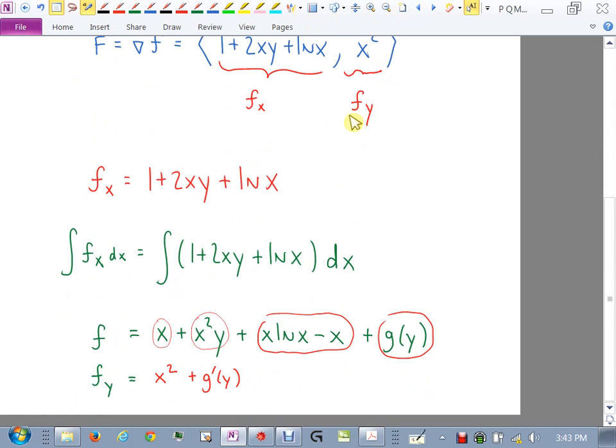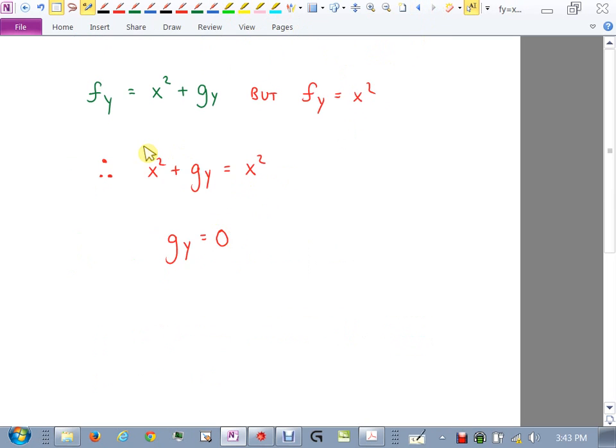Go back over here. F was what? This plus this plus this plus g of y, not partial g with respect to y, g of y, or just g, right? What I know right now is that the partial of g with respect to y is 0. I need to know what g is, not the partial g with respect to y. So how do I get g?